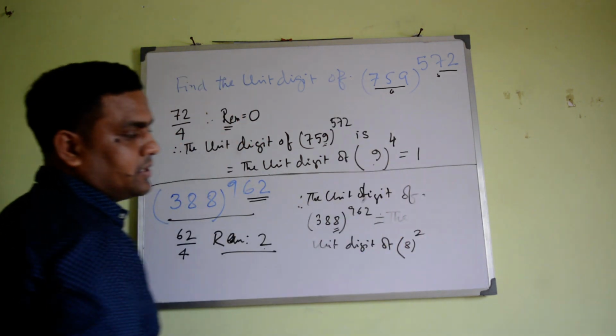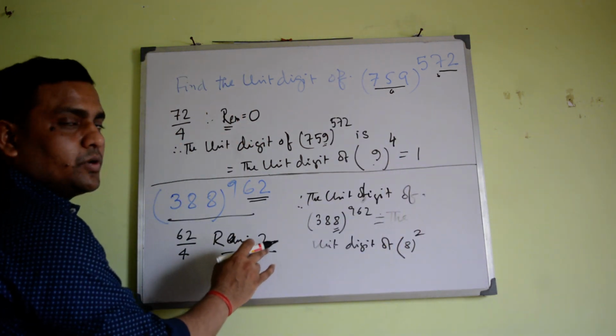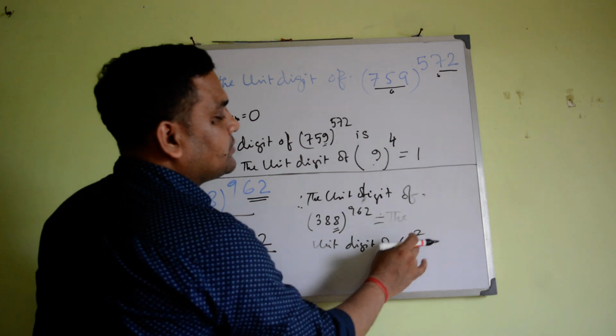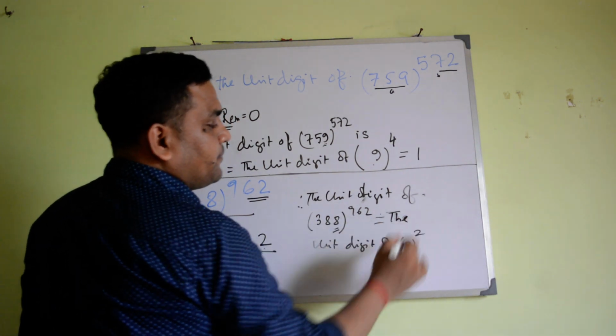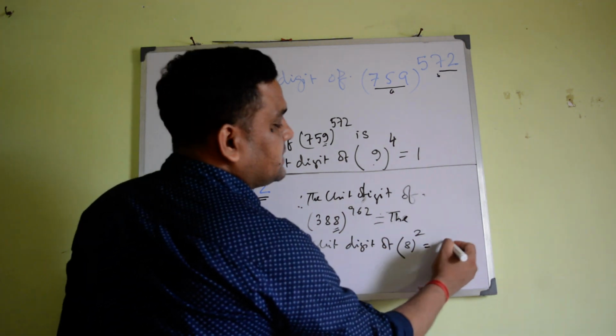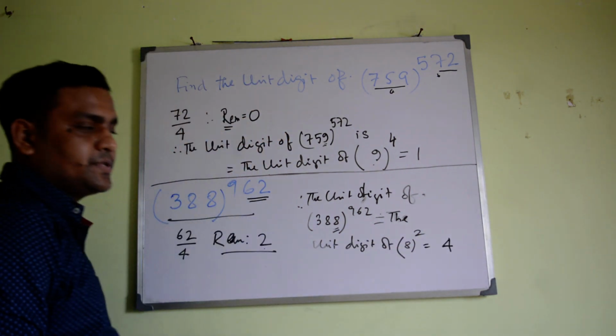So whole to the power 2. If the remainder here is 1, 2 or 3, then the corresponding unit digit is the last digit of A whole to the power 1, 2 or 3. You can write it here. So 8 square. So what will be the unit digit? 64. So it becomes 4.